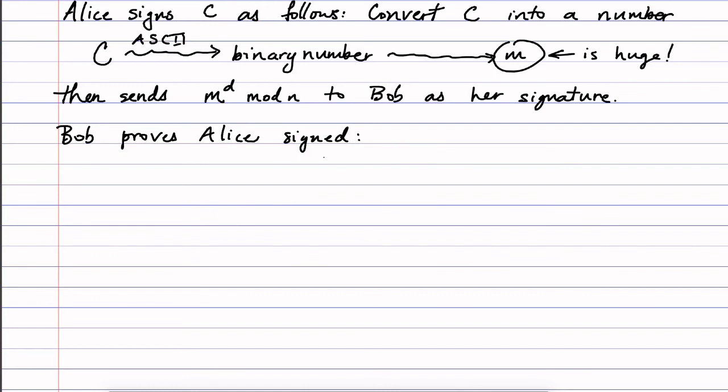What he can do is he takes the number that she sent to him, M to the D, and then he shows everyone her public key, E, and demonstrates that when he takes that power, it gives the message M mod N, which he can then convert from a number back into a contract, so undo the conversion.